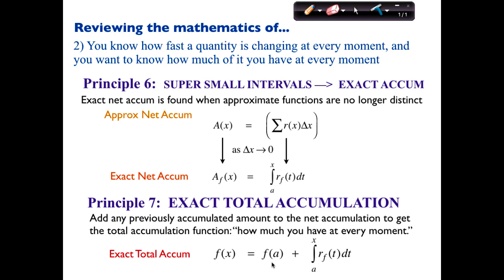So f of 0 would represent all accumulation for x from negative whatever to 0. But if it's time and you're starting at time equals 0, then your f of 0 will be 0. But that's not always the case. You can have stuff going on for negative x values. Does that answer it? Okay, cool. What else? Good question.